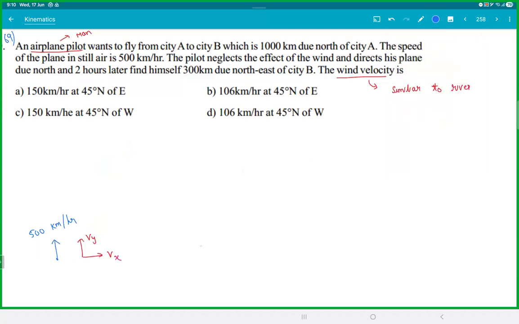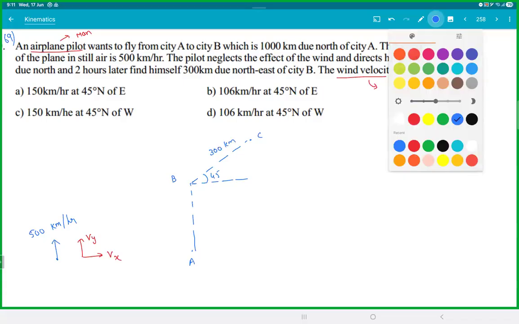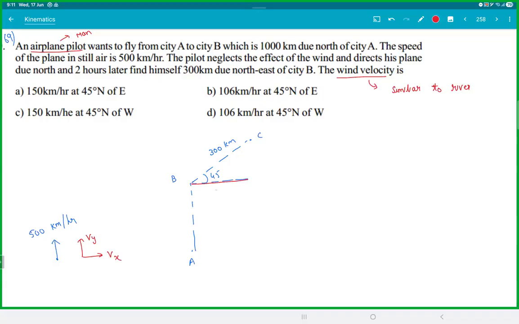So this was point A, this was point B, this was point C. This is 45 degrees and this is 300 kilometers. So this distance is 300 by root 2. This distance is 300 by root 2. And this distance was 500.